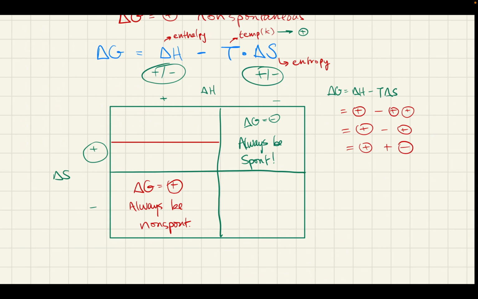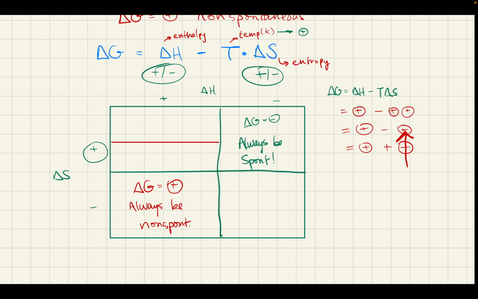What does it depend on? Finally, we're going to talk about temperature. You see, temperature is this value right here that we've kind of been waving our hands away from. But if we increase temperature, it's like we're making this value on the right side more important.